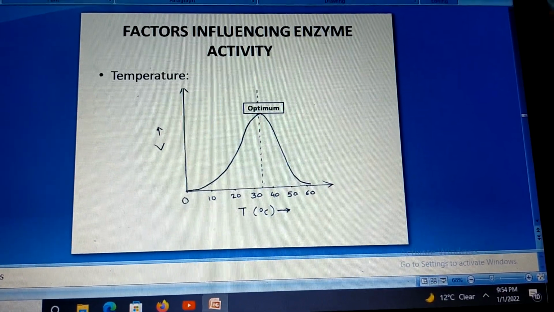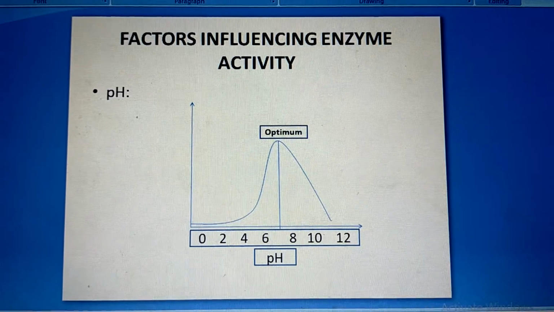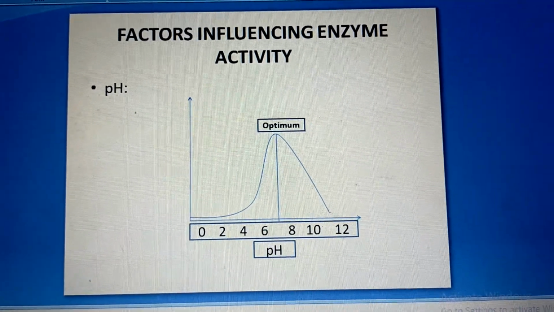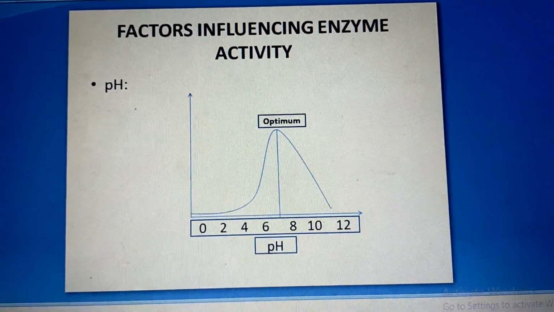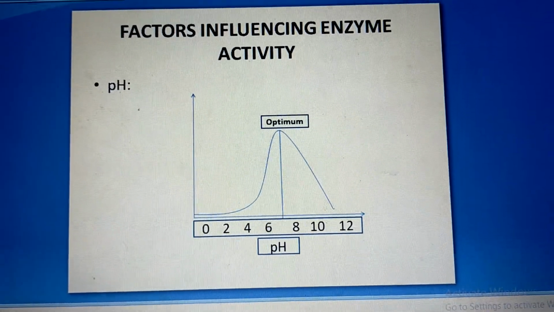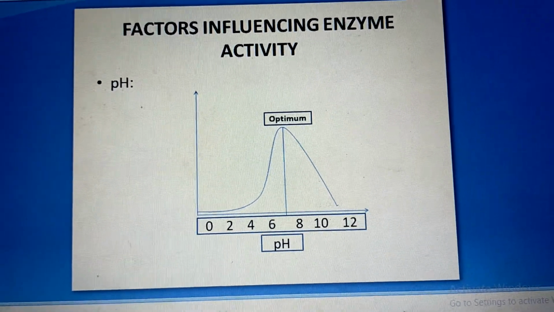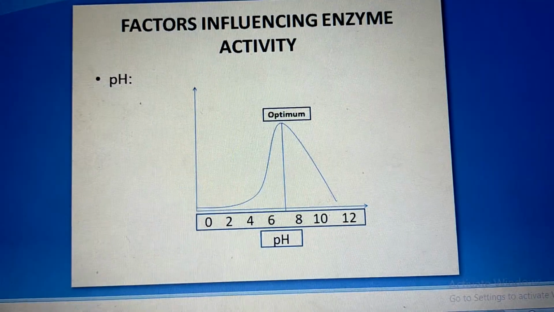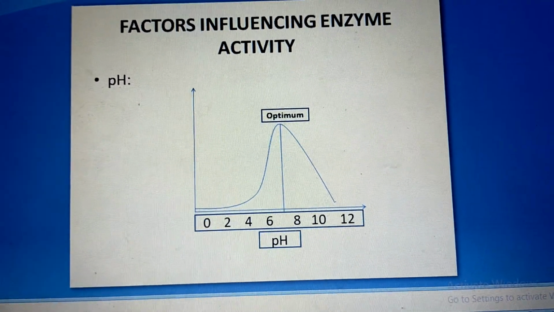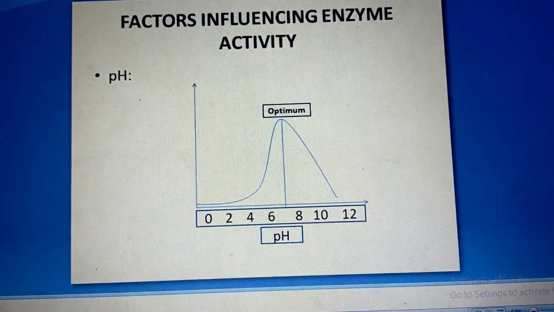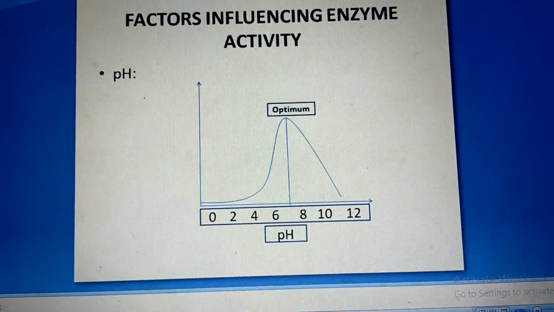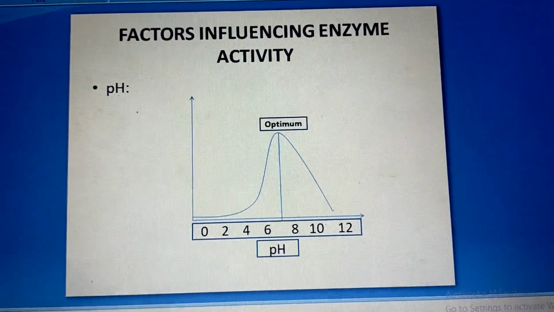The next factor is pH, or H plus ion concentration. Again, if we see the graph, velocity of the reaction versus pH shows a bell-shaped curve.